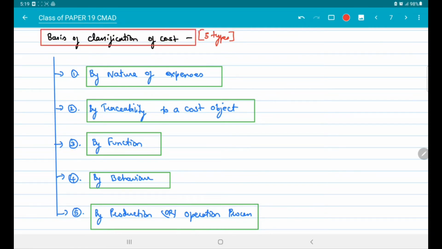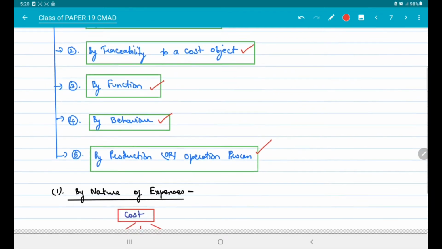There are 5 bases mentioned in CAS-01 for how cost gets classified: by nature of expenses, by traceability to a cost object, by function, by behavior, or by production or operation process.